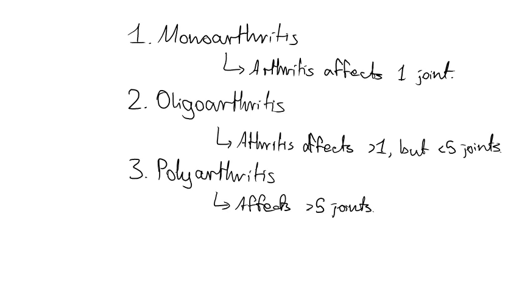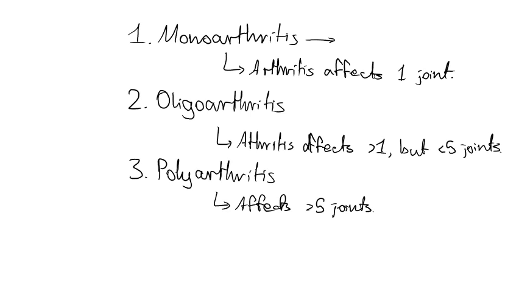Alright, so now I want to quickly talk about, before I move on to the next slide, what actually causes these conditions, or the conditions that relate to monoarthritis and polyarthritis specifically. So monoarthritis can be caused by many different disorders. Firstly, let's write it up here and I'll just list them off.